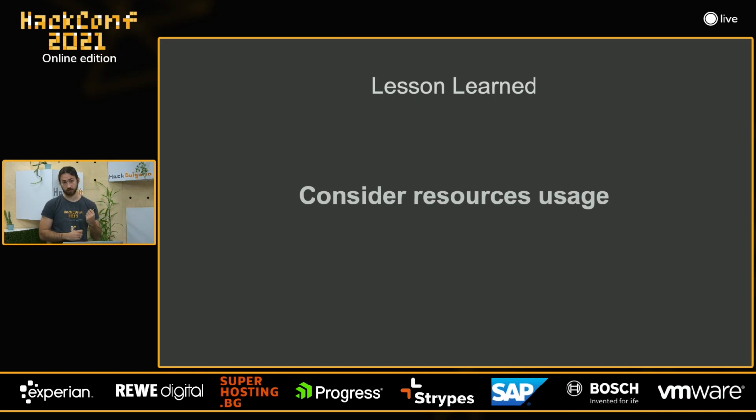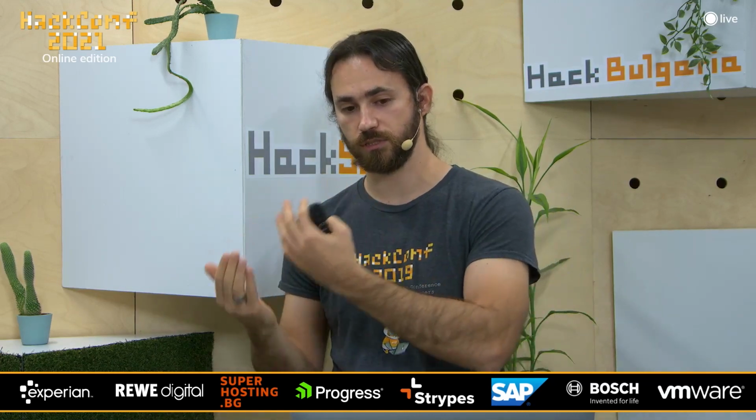But the lesson here is to consider the resource usage. When you're going to rely on some other service, when you're doing calculations that use a lot of CPU, or when you're using larger objects like images or files, always consider the resource usage and where exactly those resources will be allocated.